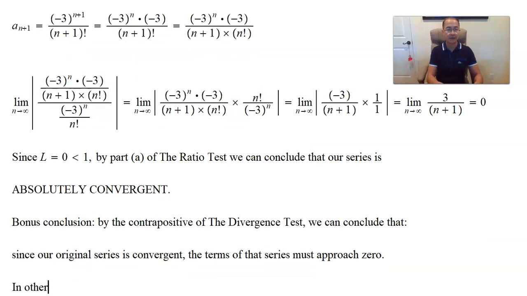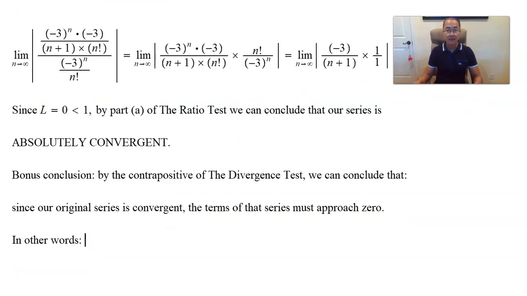So, in other words, the limit as n approaches infinity of our terms, a sub n, must be equal to 0.